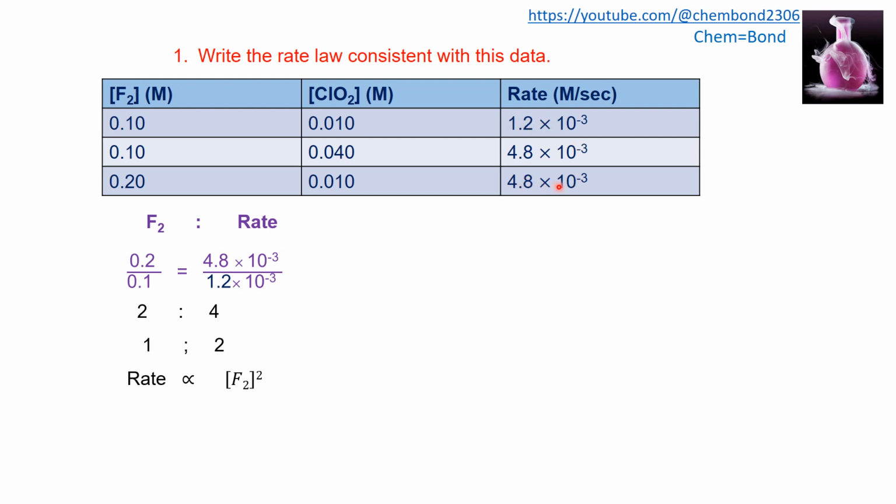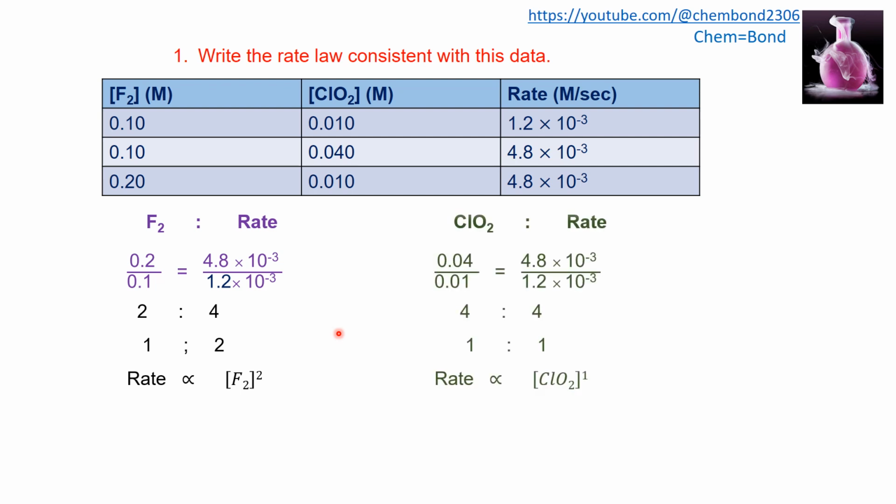So 4.8 into 10 to the power minus 3 is divided by 1.2 into 10 to the power minus 3. Solving it, we get 2 and 4, and simplifying it, we get 1:2. So the rate of reaction changes with respect to fluorine, and it is a second order reaction.